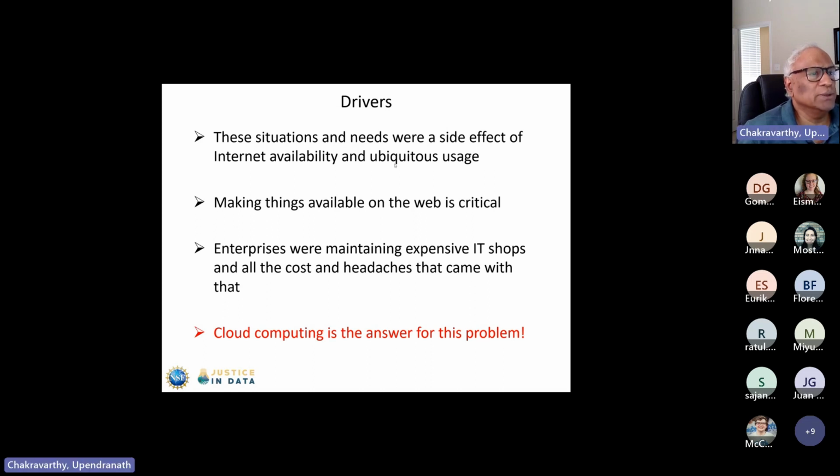So these situations and needs were a side effect of internet availability and ubiquitous usage. Making things available on the web is critical. Enterprises were maintaining expensive IT shops and all the costs and headaches that came with that. Cloud computing was promoted as the answer.